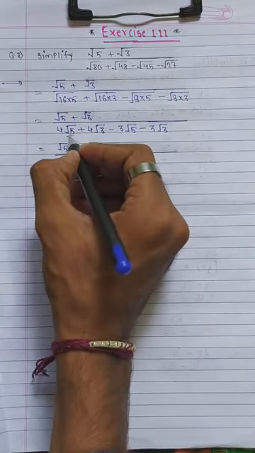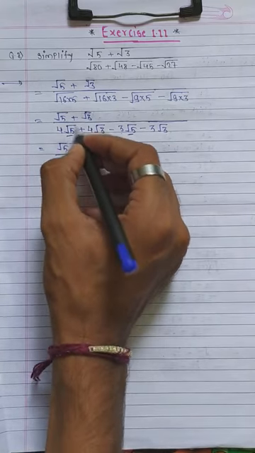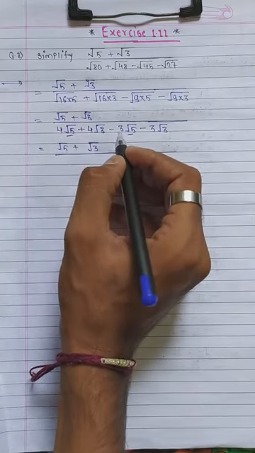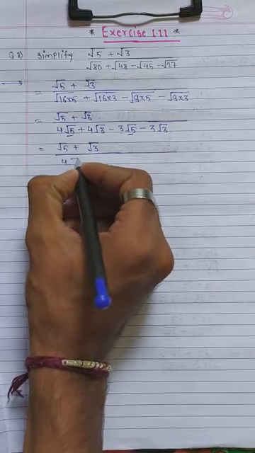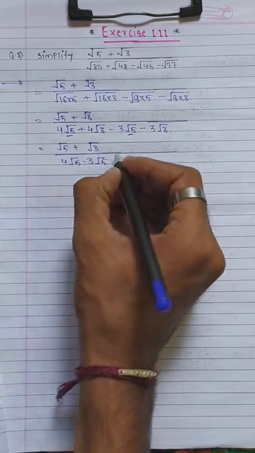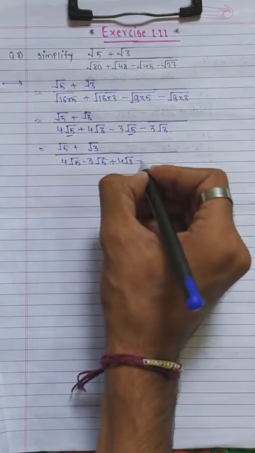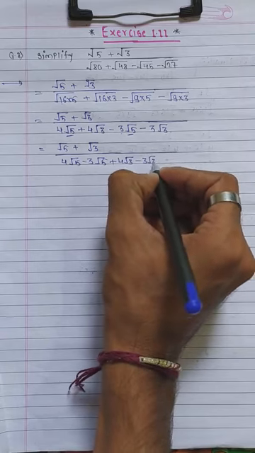These two are like irrational numbers, because they have the same irrational factor. So 4 into square root of 5 minus 3 into square root of 5, plus 4 into square root of 3 minus 3 into square root of 3.